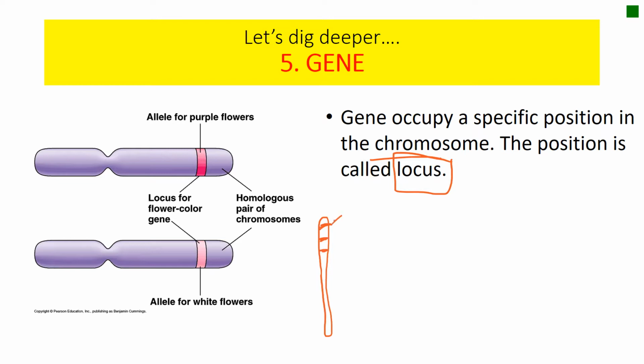For example, this is chromosome number 1, the long arm, the position is 125, and so on and so forth. So they have a certain code for each gene to show the precise location of that gene in a chromosome, and this is what we call locus.